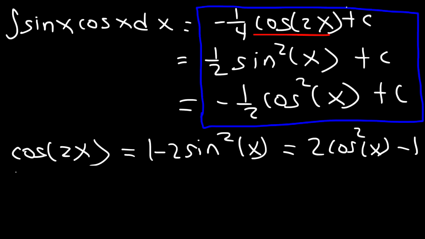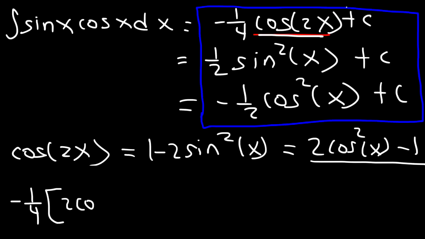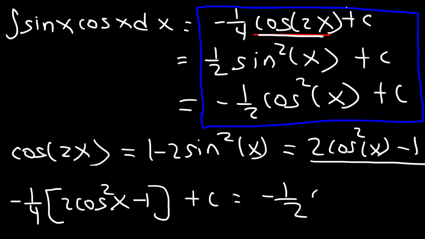Now let's replace cosine 2x with cosine squared x times 2 minus 1. So instead of writing negative 1/4 cosine 2x, let's replace the cosine 2x with this. And then we have a plus c on the outside. So negative 1/4 times 2, that's going to be negative 1/2 cosine squared x.